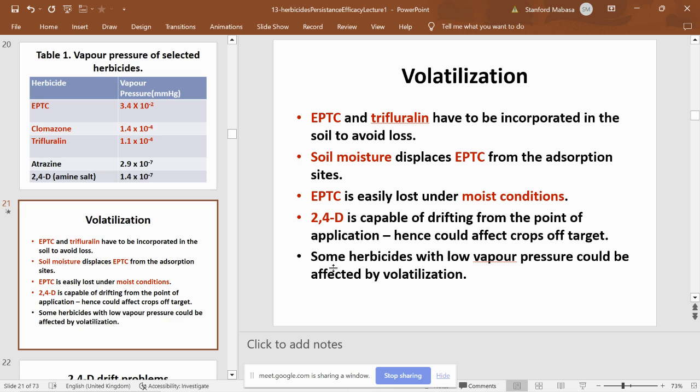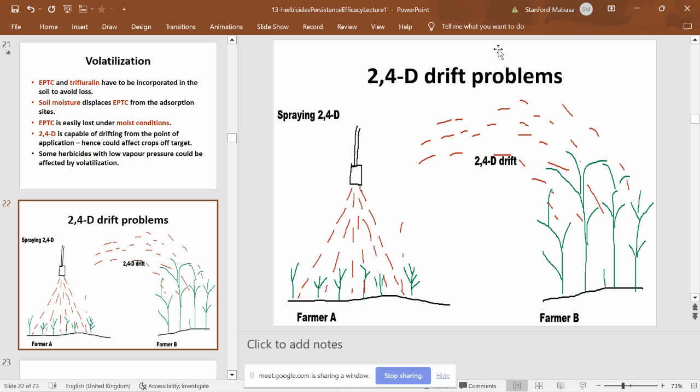2,4-D is capable of drifting from the point of application. Hence, it can affect crops off target. So some herbicides with low vapor pressure could be affected by volatilization. Now, this is the case for 2,4-D drift. You've got farmer A who is applying the herbicide.